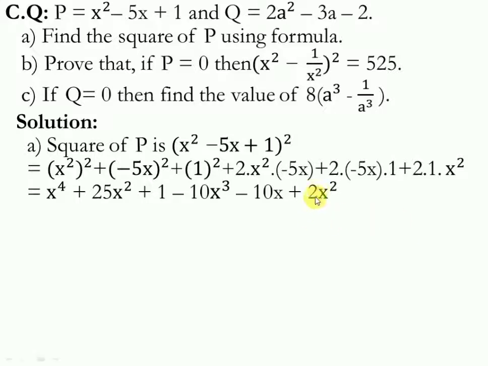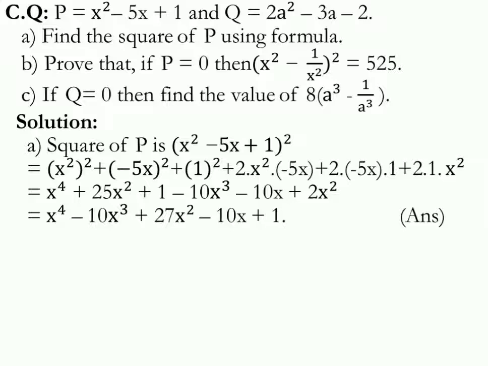Now this 2x square and this 25x square add and become 27x square, but if we arrange them in descending order, then it should be like x to the power 4 minus 10x cube plus 27x square minus 10x plus 1. So that was the answer for number A.